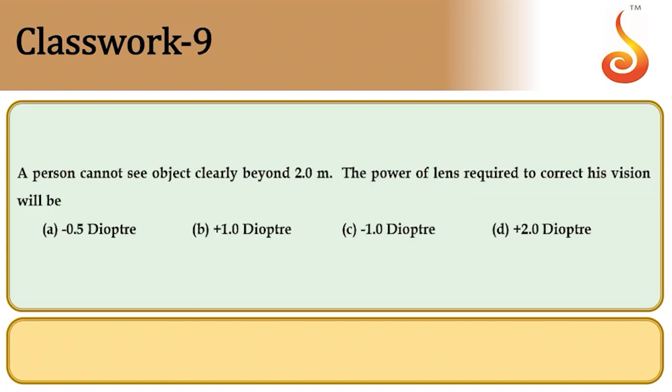Example 9. A person cannot see objects clearly beyond 2 meters. The power of the lens required to correct his vision will be, what is it? So for u is equal to infinity, v is equal to minus 2 meters. You can't see beyond 2 meters, means v is equal to minus 2 meters. So I'll write 1 by f is equal to 1 by v minus 1 by u.